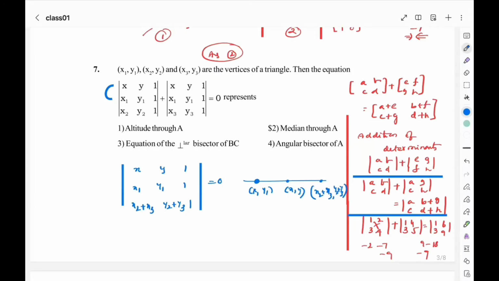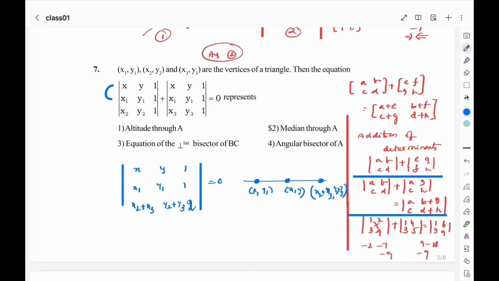Yes, thank you. So this equation represents a line through collinear points. x comma y is one point, x1, y1 is one point, and x2 plus x3, y2 plus y3. So the geometrical meaning of this equation is a line which is passing through them.